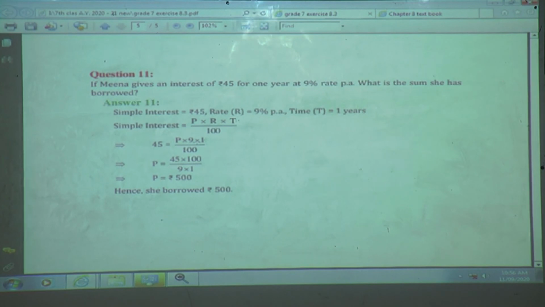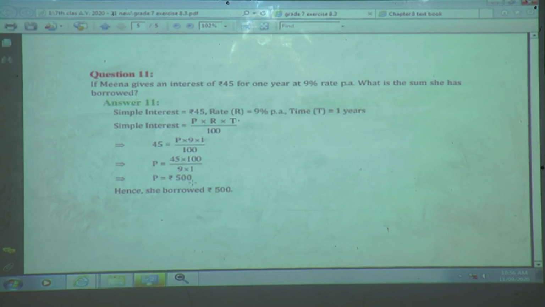So what we had done, we just rearranged to find the value of a variable. We take it to the left hand side, that is P, which we have to find, the principal amount. After reducing this to its lowest form, we get rupees 500.